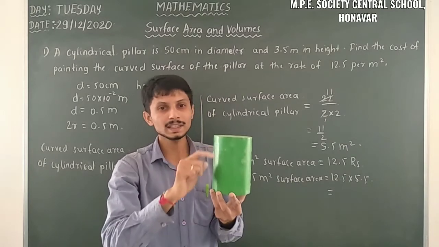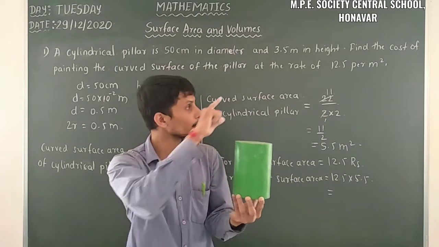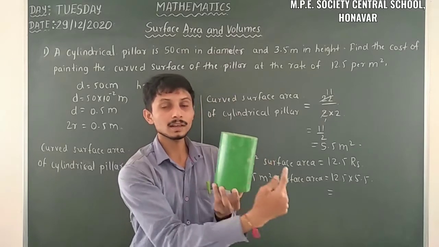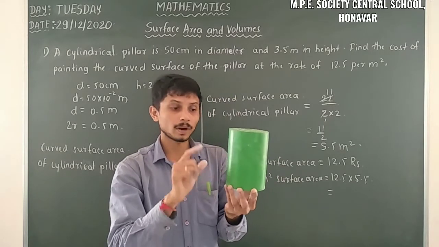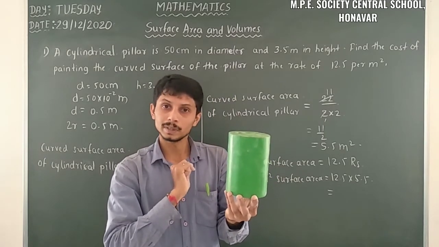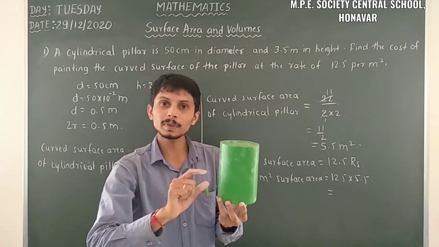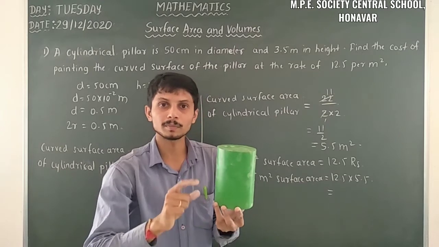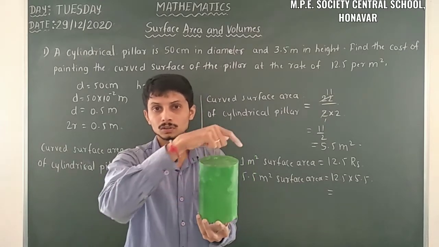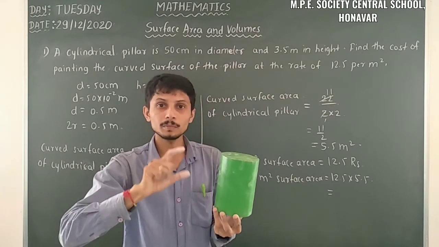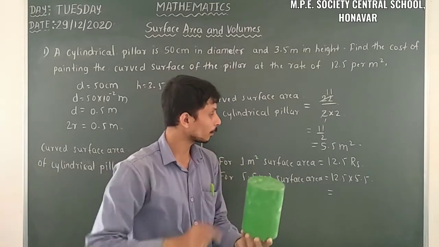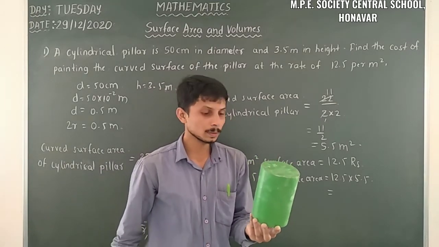For each square meter we have to pay 12.5 rupees, and totally we have 5.5 meter square, so we have to pay 12.5 into 5.5.